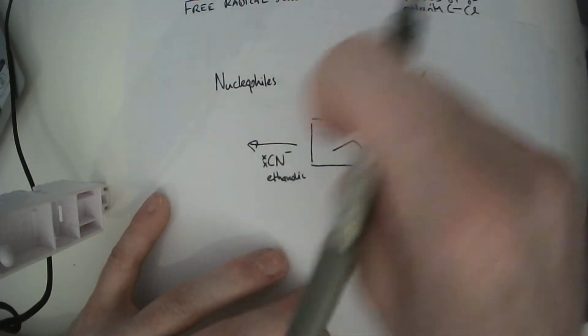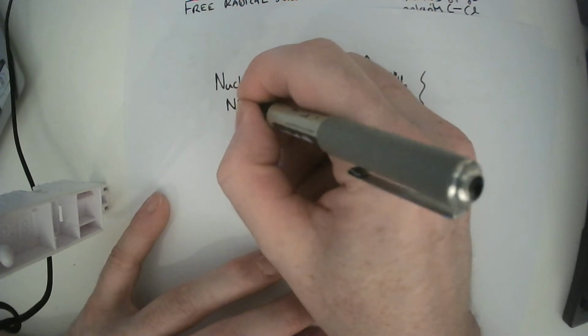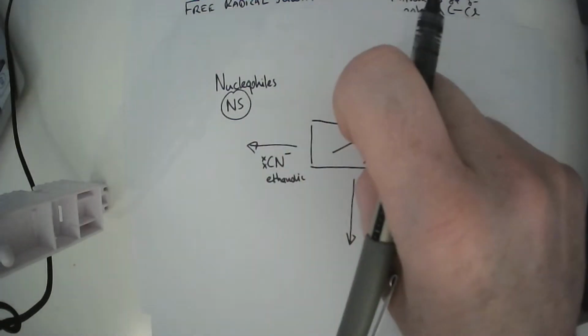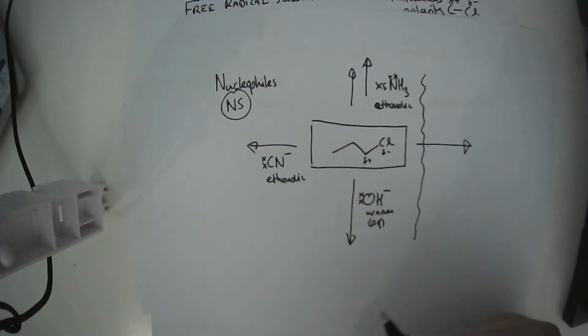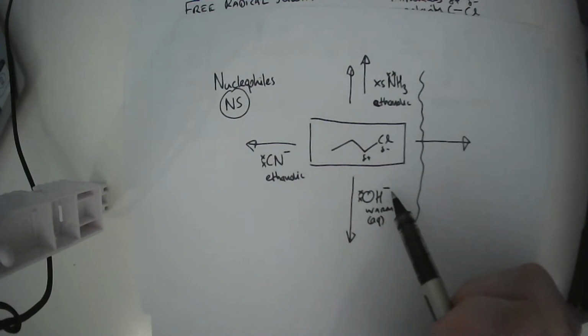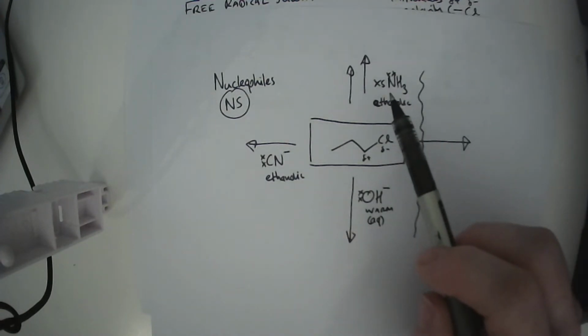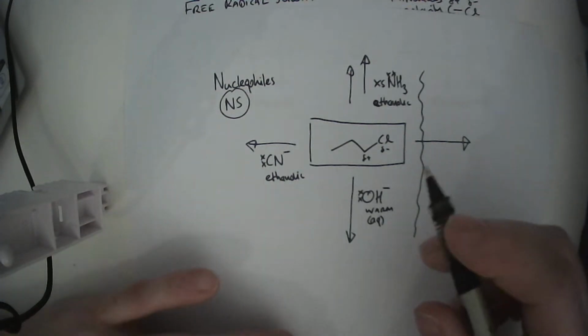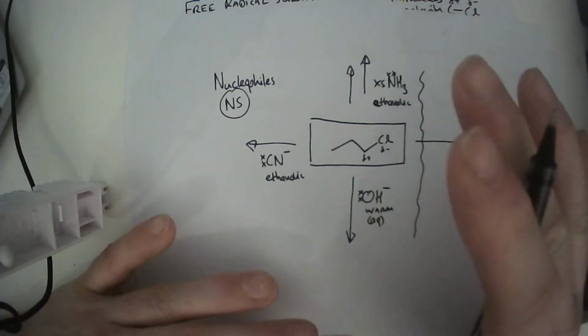So the things that they can do is they can do nucleophilic substitution. This diagram tells me that there are 3 different nucleophilic substitution mechanisms that you need to know. So if you've got a haloalkane, you can react it with OH minus, CN minus or NH3 in nucleophilic substitution. There are 3, that's it, no more.